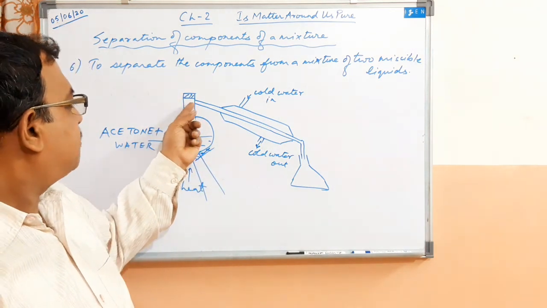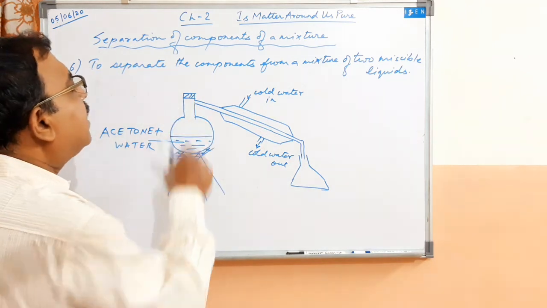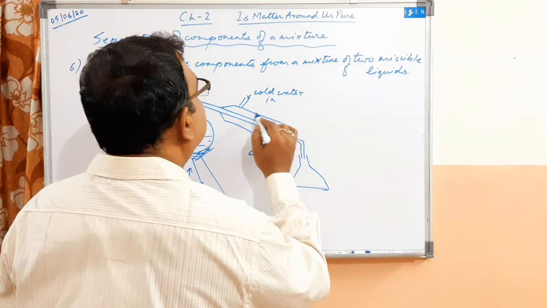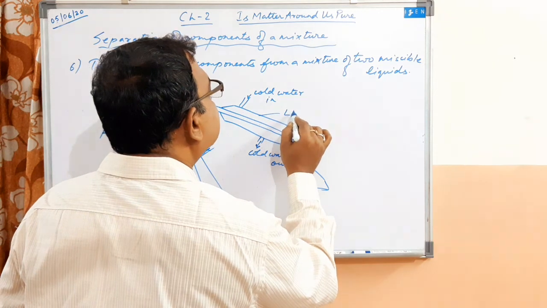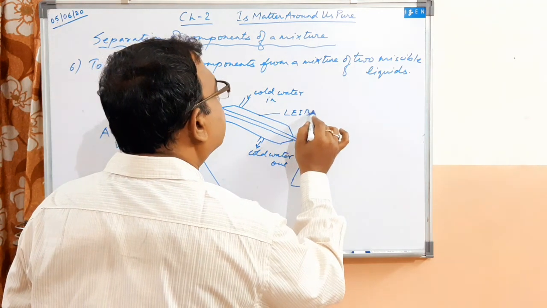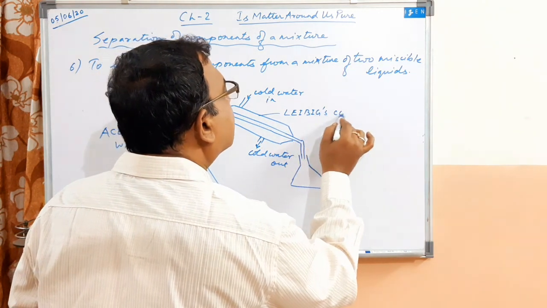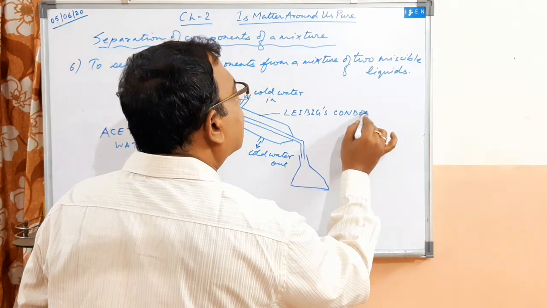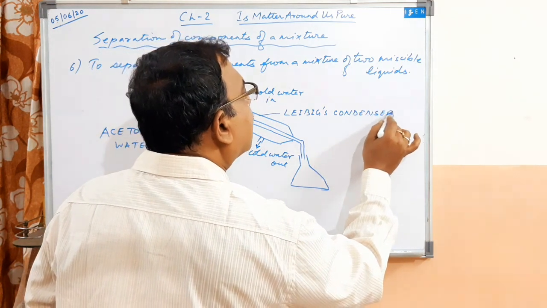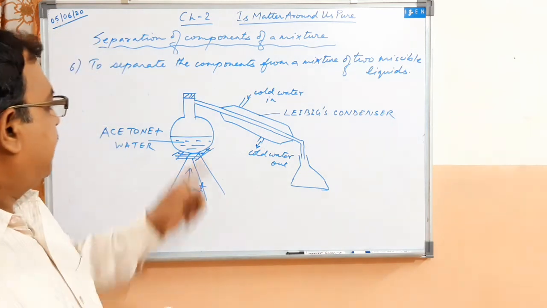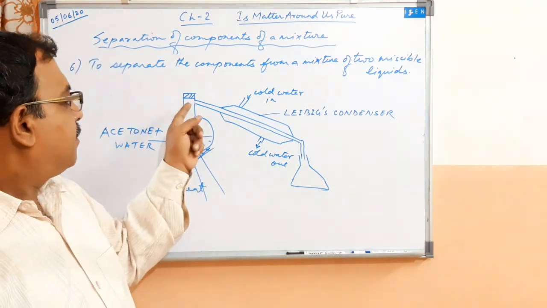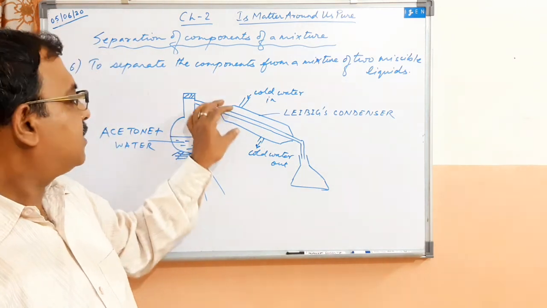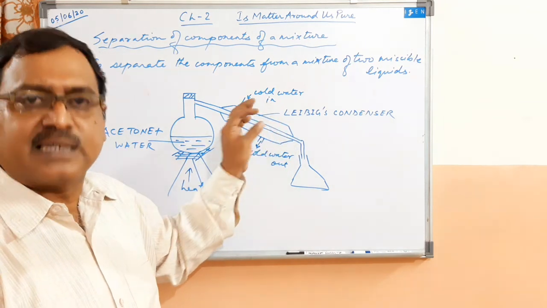The vapors pass through this Liebig's condenser. This is the Liebig's condenser. As the vapor passes through the Liebig's condenser, here it is pretty cold. Temperature is much less.